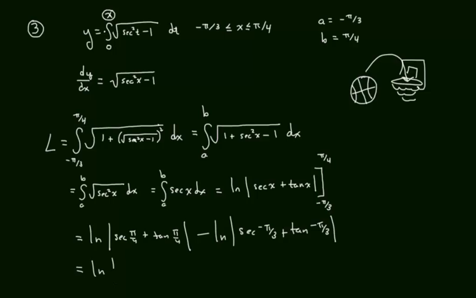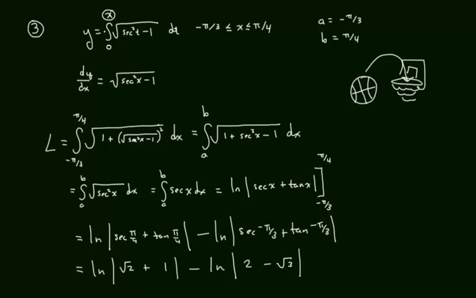So this is the natural log. The secant of pi over 4 will be radical 2 plus the tangent of pi over 4, which is 1, minus the natural log. This will evaluate to be 2, and the last one will be negative rad 3.